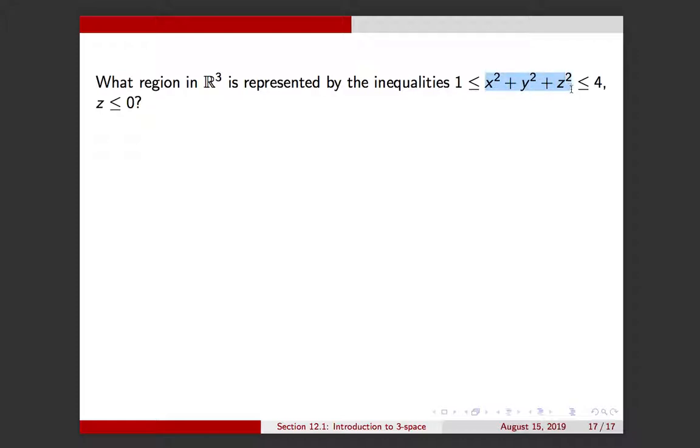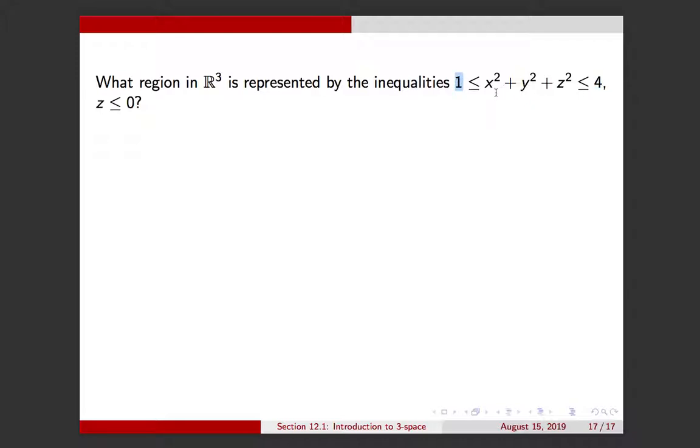Notice just this little bit here. That's a sphere centered at the origin, because there's like an x minus 0, y minus 0, z minus 0. So this guy here is the sphere centered at the origin. And what I'm saying is, take that sphere and let it start with radius 1 and end with radius 2. Got to be a little careful: this is like an r squared over here, r squared right there.